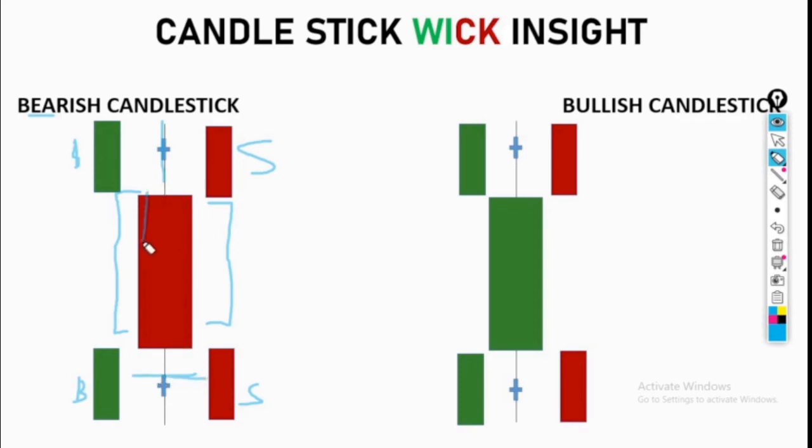Now, for the rest of the day, the sellers were in control. So we have a big red candlestick with a wick to the top and a wick to the bottom. The same thing happened here. So I think it's more straightforward. You can pause the video, look at this, and understand how wicks are formed.